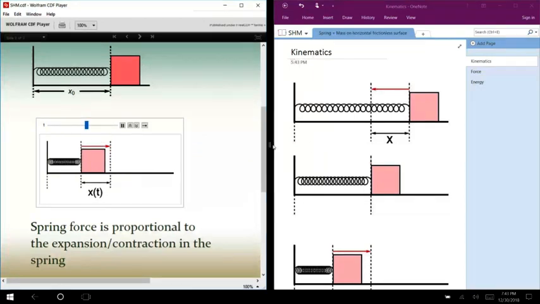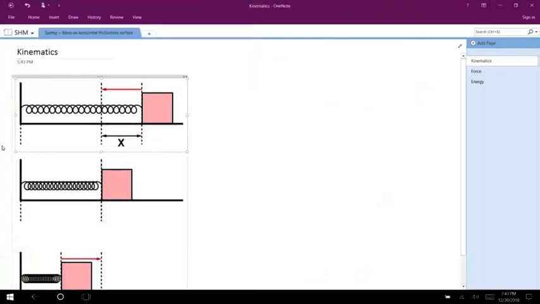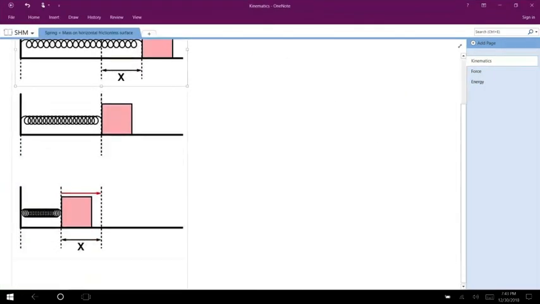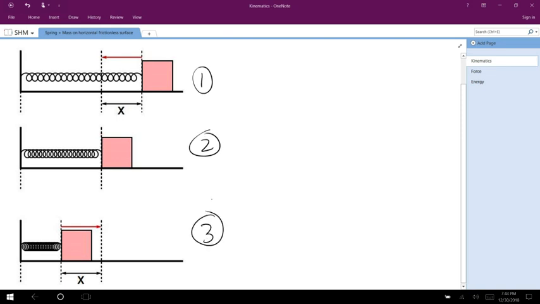I have drawn the picture of the spring and the block in 3 different positions in this notebook here, and we will analyze them kinematically. There are 3 positions, 1, 2, and 3. Position number 1 represents a fully stretched spring.